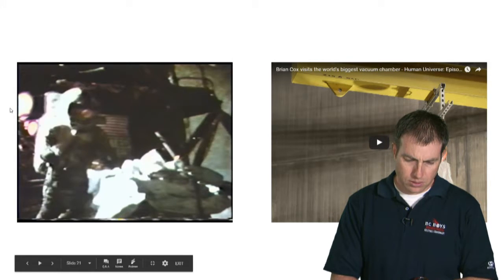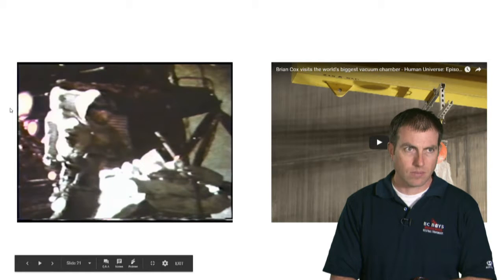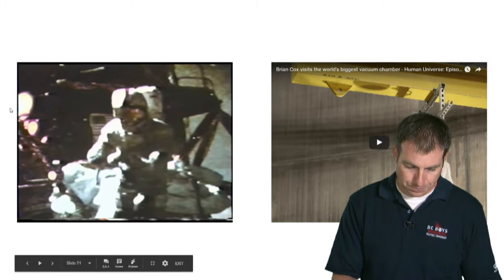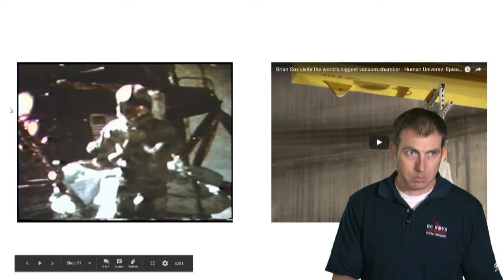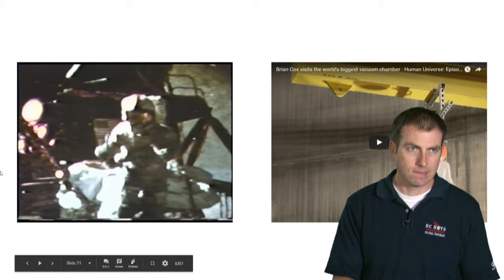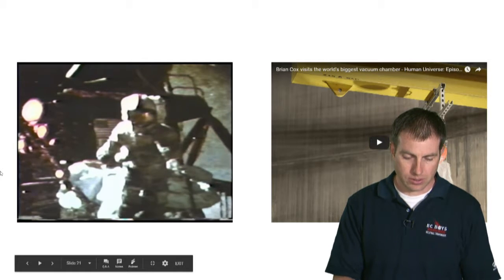So here he is. Right hand's a hammer. Oh, this is a really slow frame rate. That's okay. So he's got them, and he's going to drop them. And they should hit the ground at the same time.